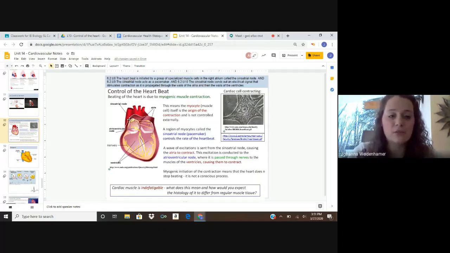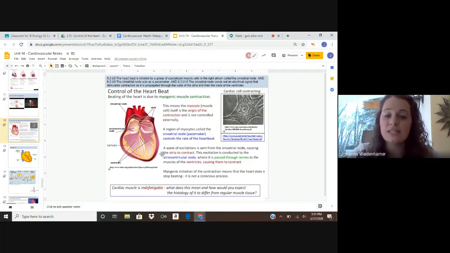So again, the SA node is up here. It's going to send these signals, these yellow arrows, and allow the atria to contract. So a wave of excitation is sent from the sinoatrial node, the pacemaker, causing the atria to contract.